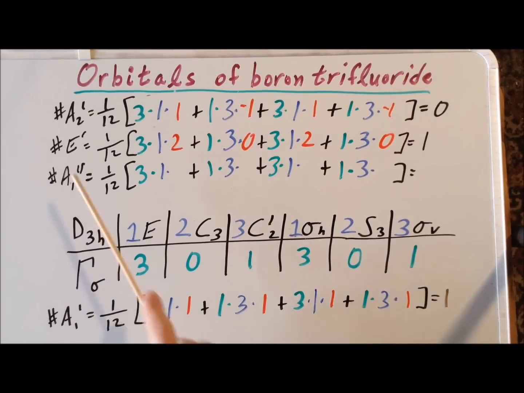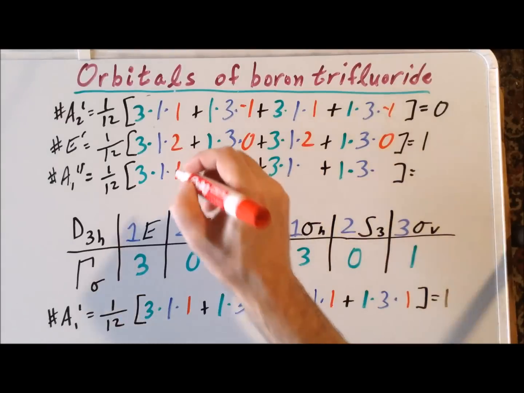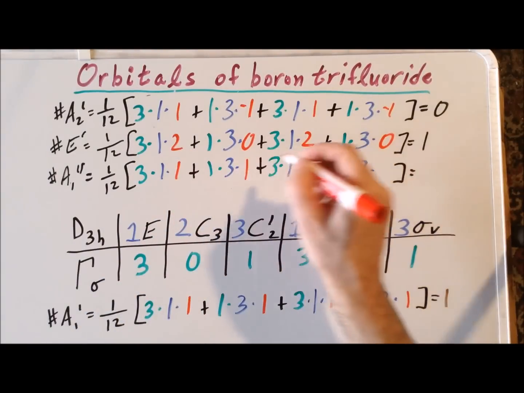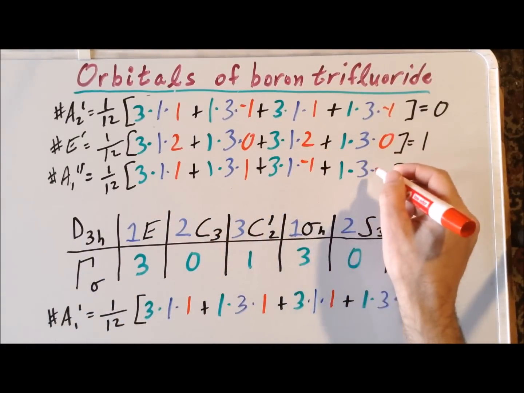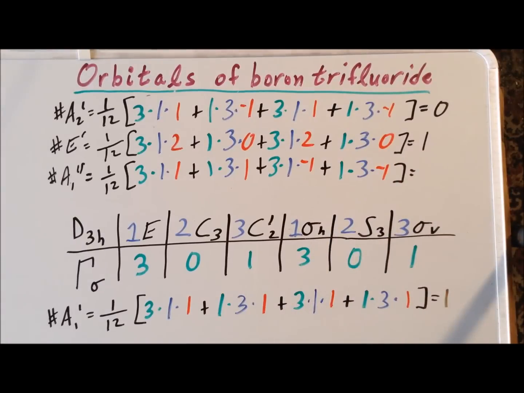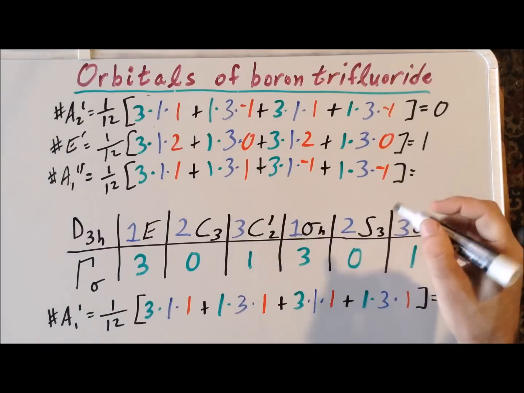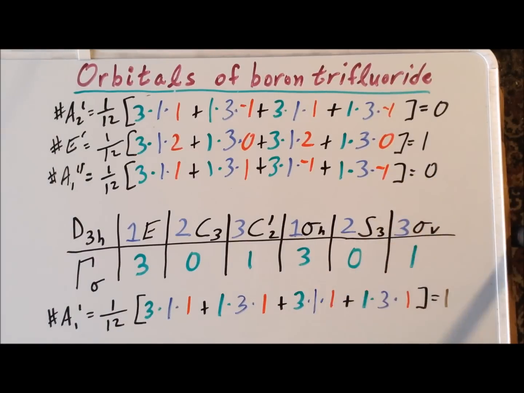Now for the irreducible representation A1 double prime, the characters we need here are going to be a 1, a -1, and a -1. So that gives us that there are 0 A1 double primes in our reducible representation.